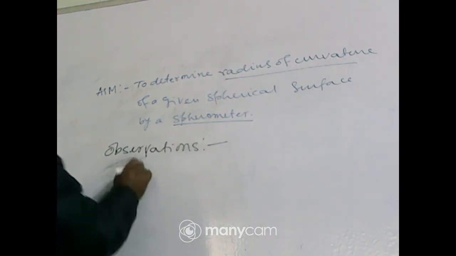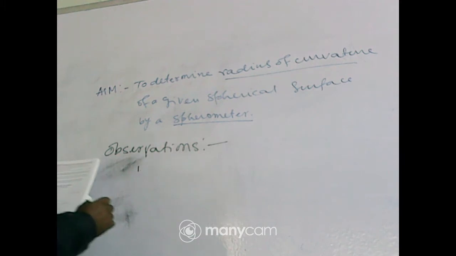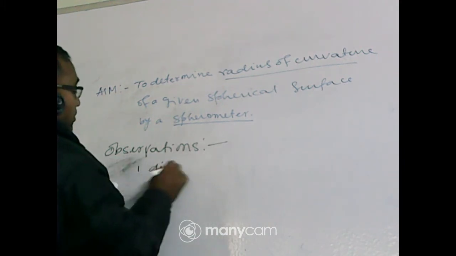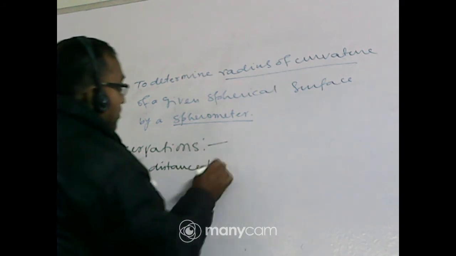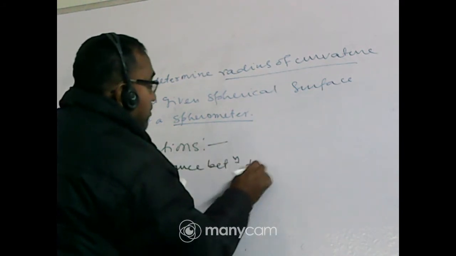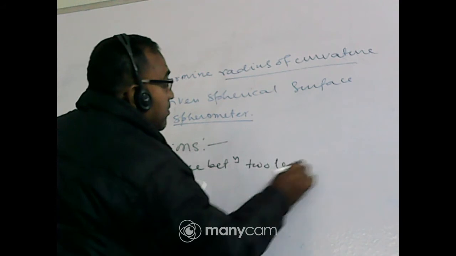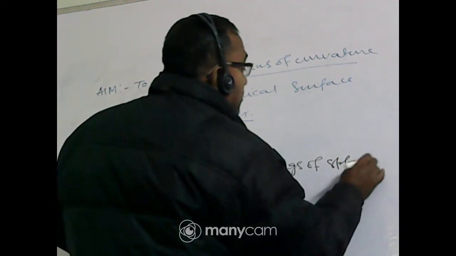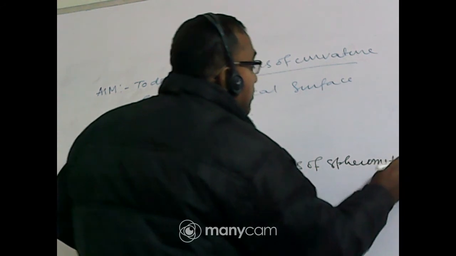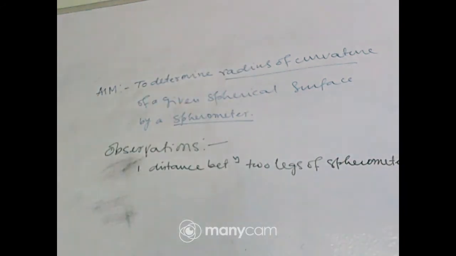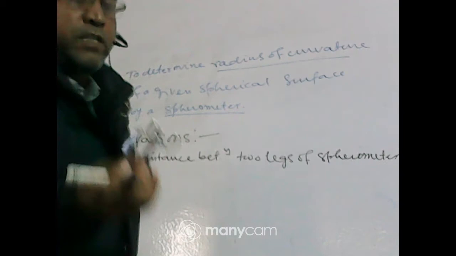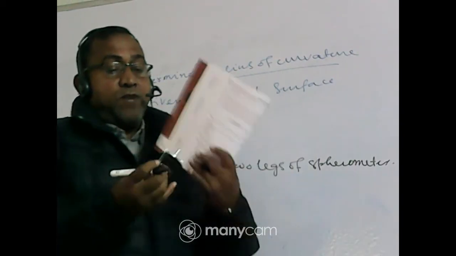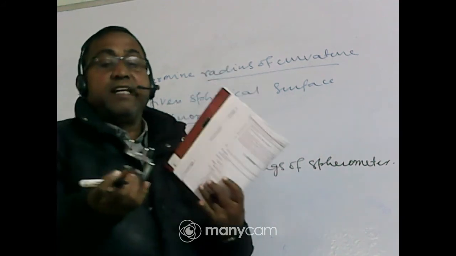First is the distance between the two legs of the spherometer. Two legs of the spherometer means you see the spherometer has three legs. Okay, 1, 2, 3. Three legs are there.